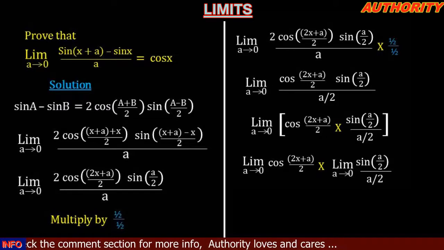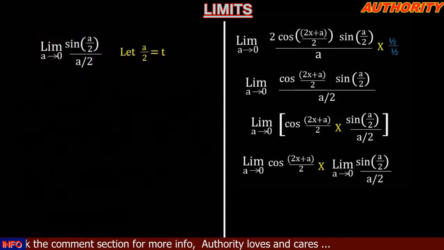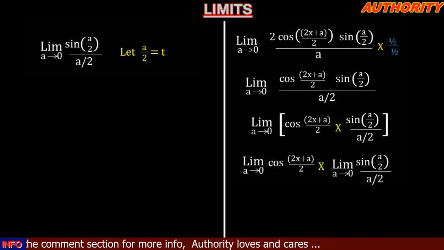You get it right? Good. Now let's work on the second term. The second term says limit as a approaches 0 of sine a all over 2 all over a all over 2. Let's work on this.